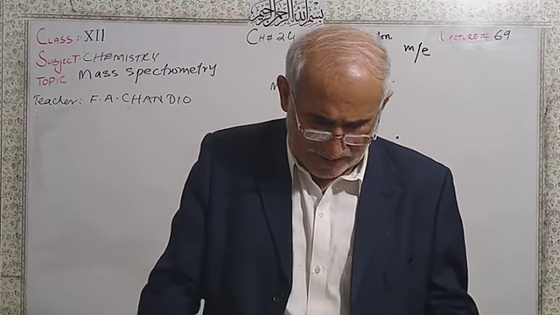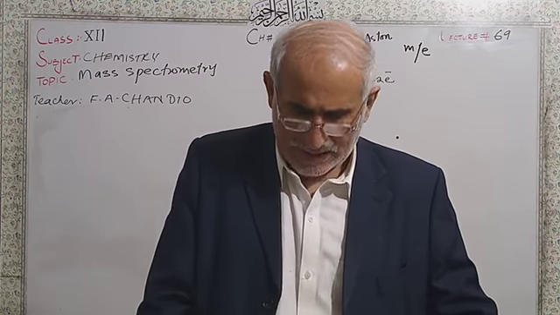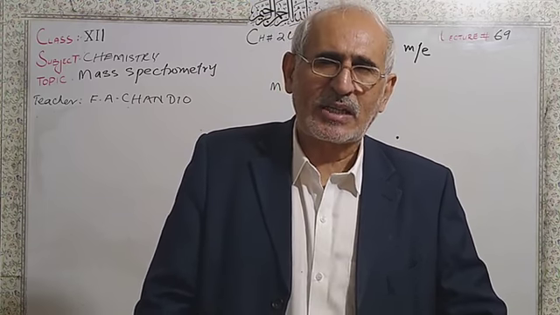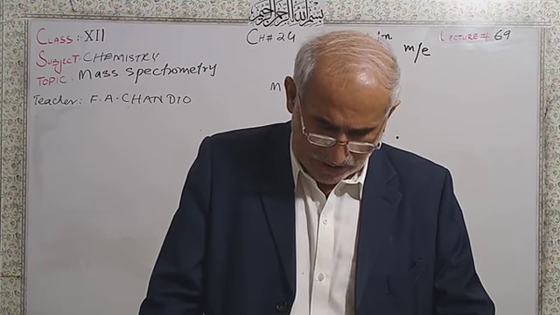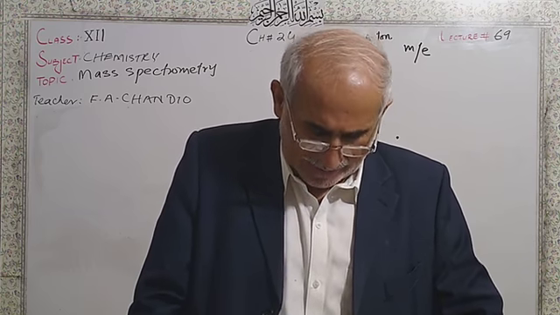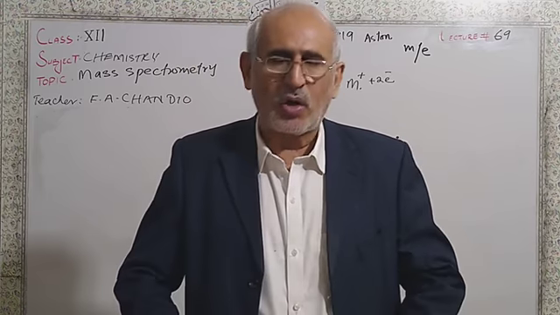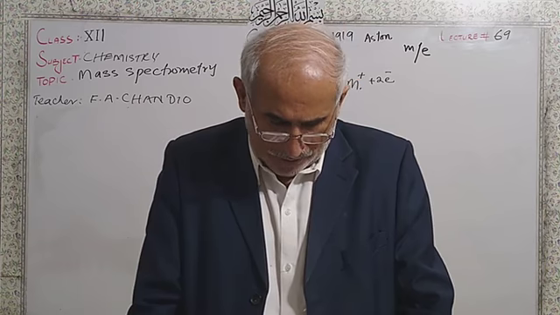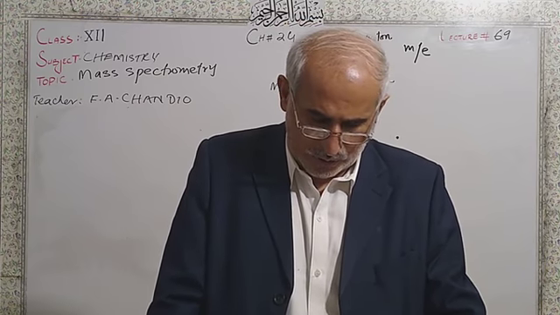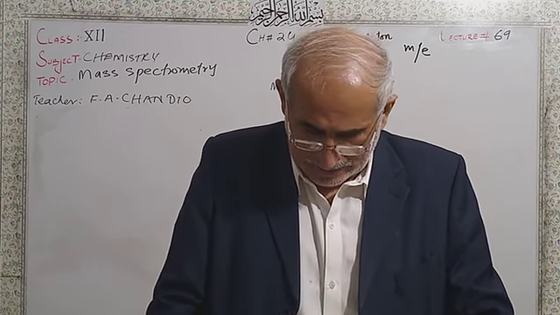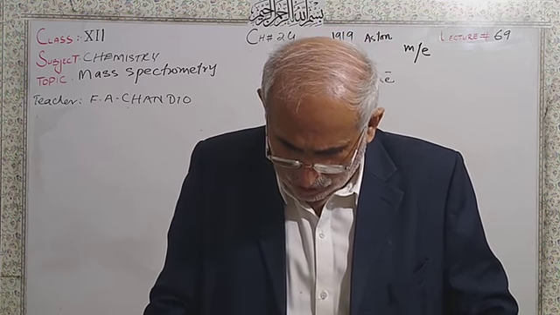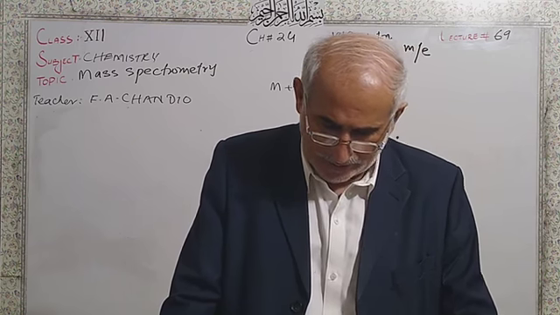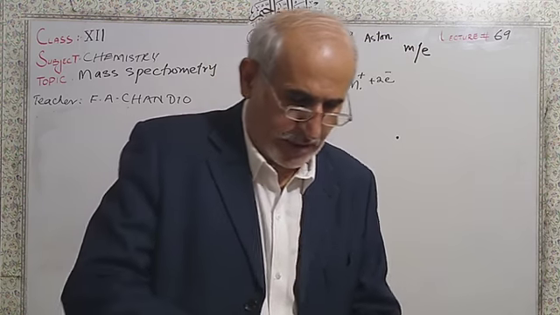Then the sample in the vapor state is usually subjected to a beam of electrons of about 70 electron volts energy. These highly energetic electrons not only ionize the organic molecule but also impart a large amount of energy to the molecular ions. The molecular ions generally dissociate into fragments called fragment ions.